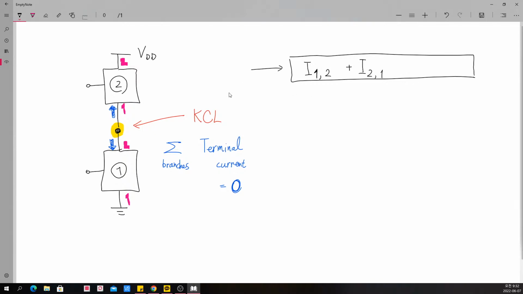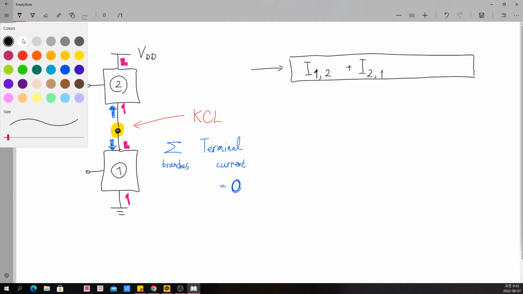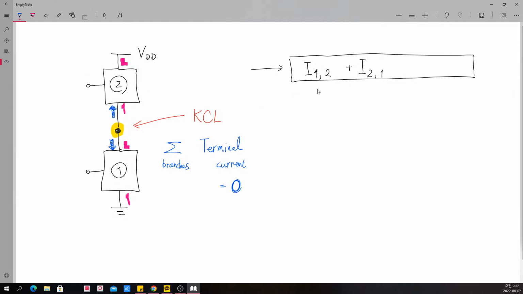This one corresponds to this guy shown in our graph, and this one corresponds to the one shown here. The sum of them should vanish. This is the KCL applied to this node.